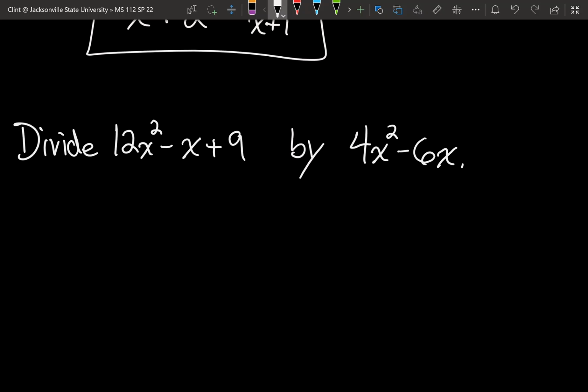We cannot use synthetic division on that one. Can't use synthetic because that's not a 1.